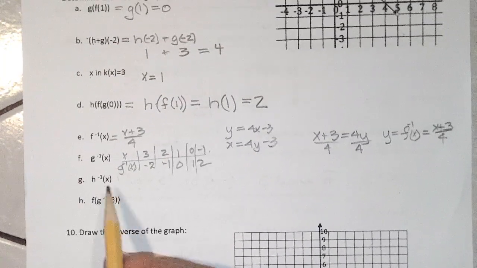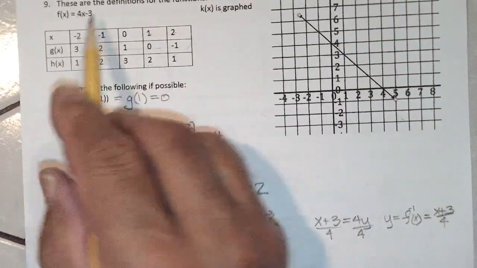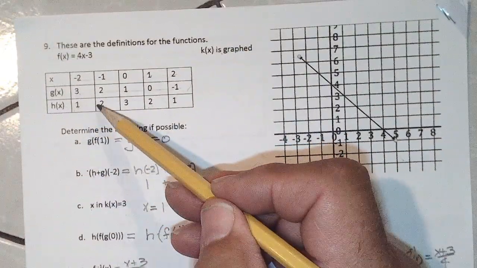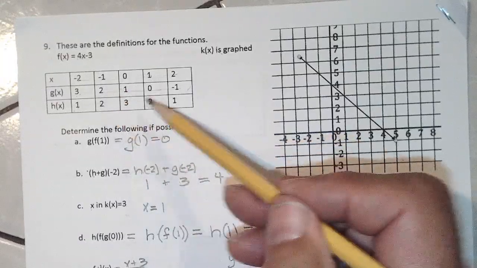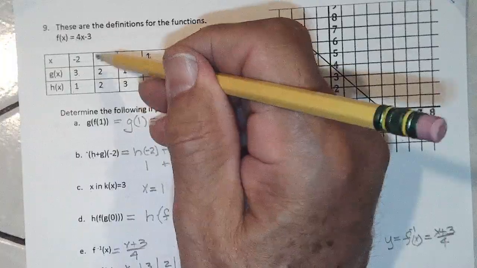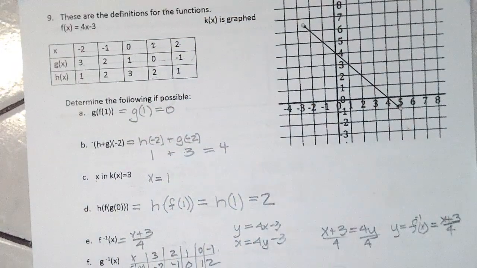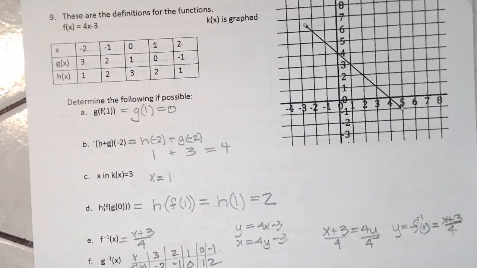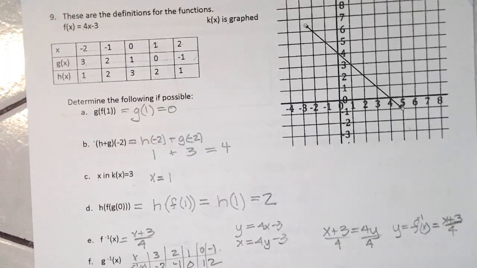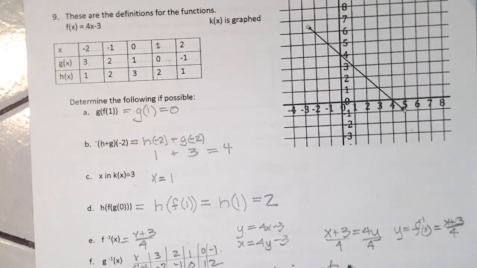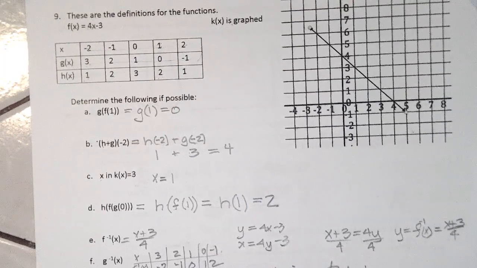And h inverse is just the table reversed, except that it would be many to 1, so it doesn't have an inverse, because we can't have 2 going to that and to that. Since h is not 1 to 1, there's no inverse.